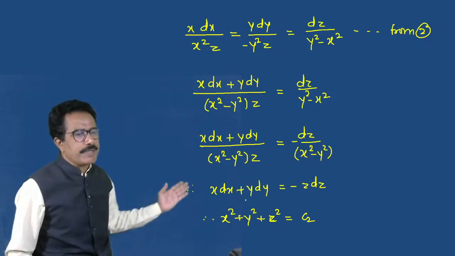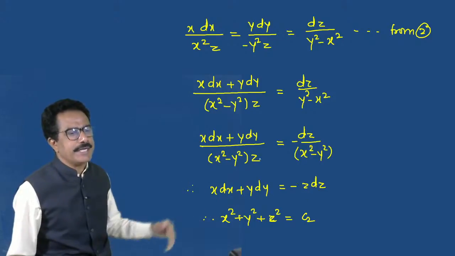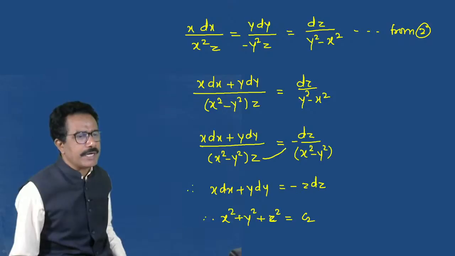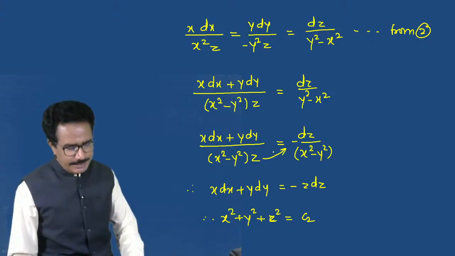So x dx plus y dy minus z. Now this z is transferred to the right side, so minus z dz.